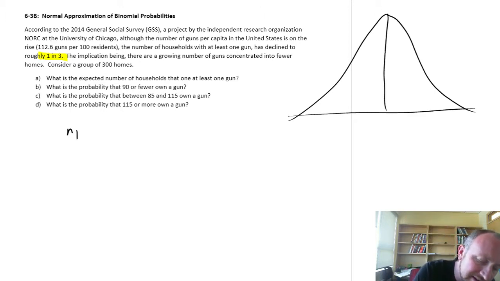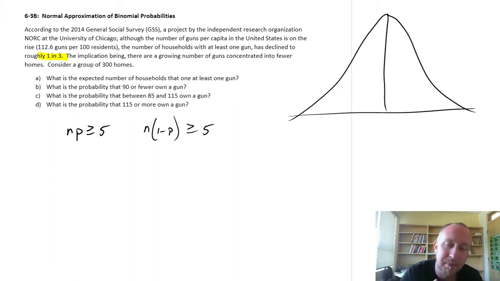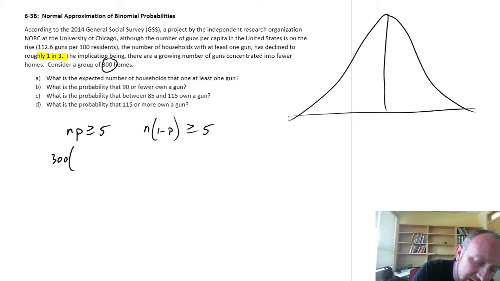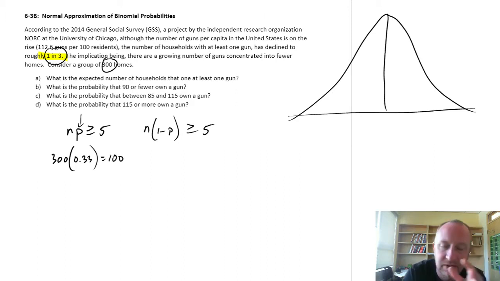Well, as long as it satisfies these two conditions, that the sample size times the probability and the sample size times 1 minus the probability are greater than 5, then we're okay to approximate these binomial probabilities with the normal distribution. If my sample size is 300 and my probability is 1 in 3, so let's call that 0.33, then np is equal to 100, so that checks out.